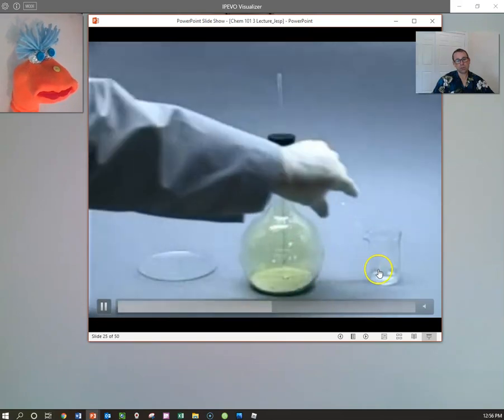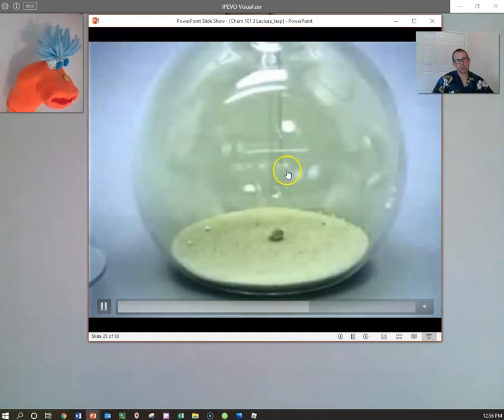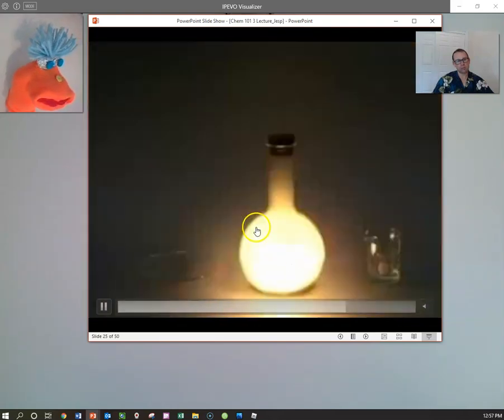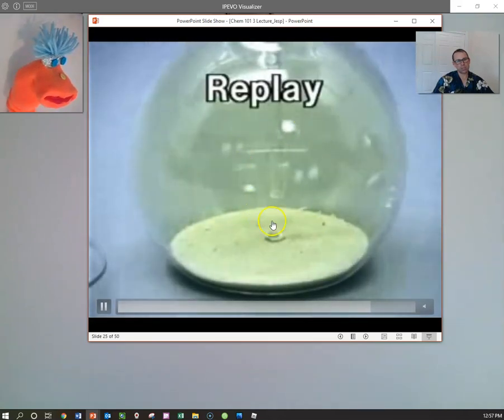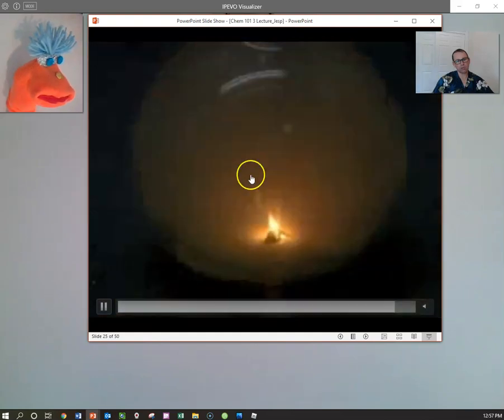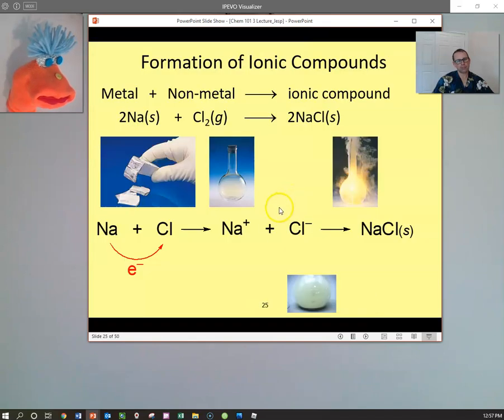And that sand is going to prevent the glass from cracking from the heat of the reaction. Nothing occurs initially, and we need to overcome a little bit of activation energy, which we'll talk about in Chem 106. But we add a little bit of water, and the water hits the sodium and reacts like we know it's going to, but then the chlorine gas gets involved, and we get the formation of this haze, which is a solid smoke, right? Smoke is little bits of solid floating around, and that solid is our sodium chloride.